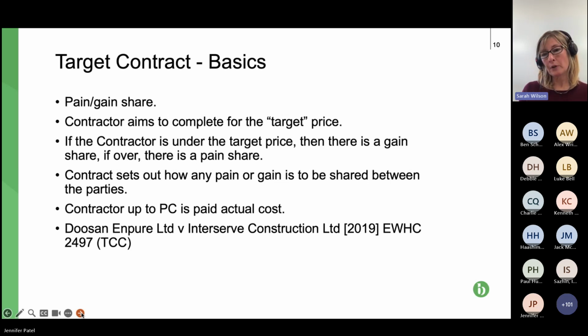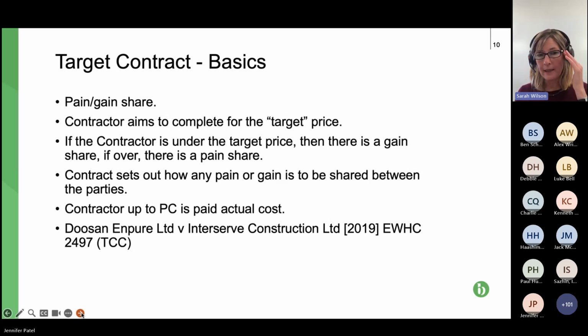The contractor, the party doing the work, gets paid as they go along, and only at completion can the project manager do that first assessment of the pain gain sharing. If it's a pain situation, the project manager can require the contractor to pay some money back to the employer in accordance with the pain gain sharing provisions.